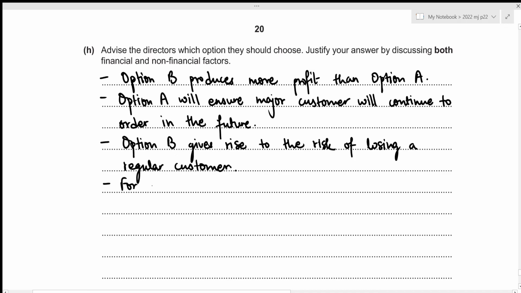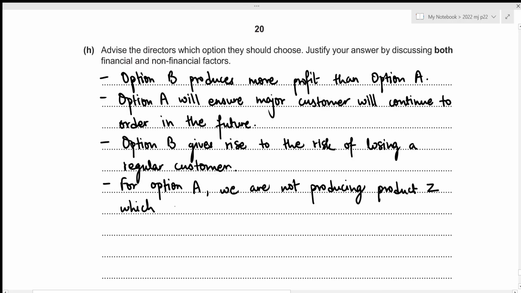For option A, we are not producing product Z, which might lead to future orders being lost.